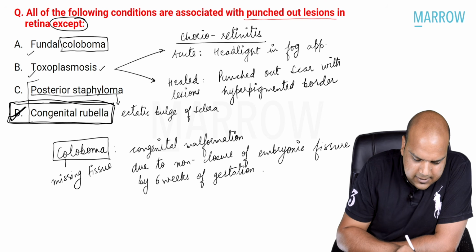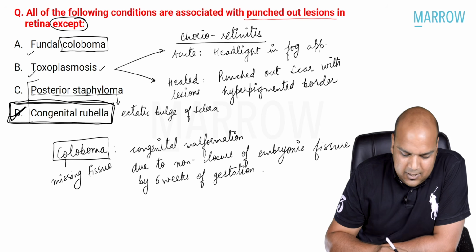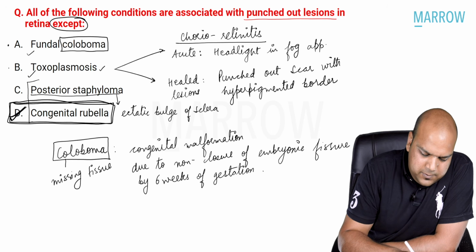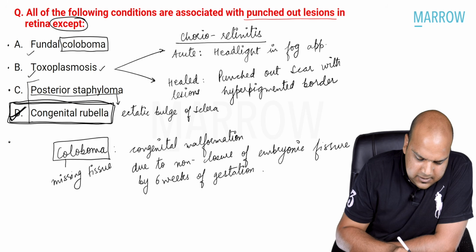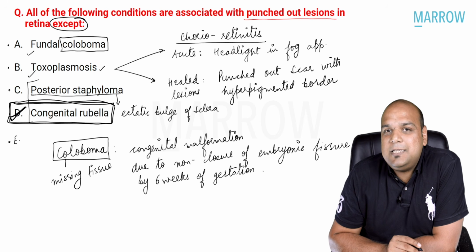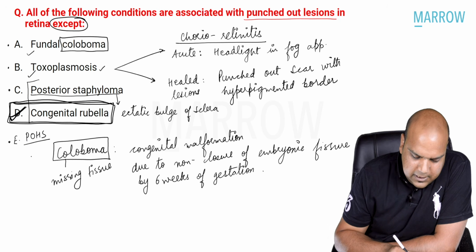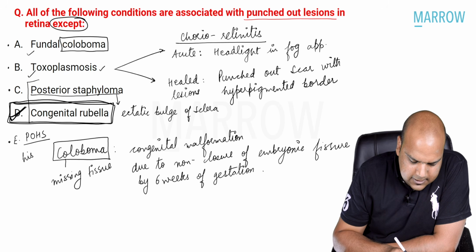All of the following conditions are associated with punched out lesions in the retina except. So we know option A, option B, option C, but which other option, everybody, is usually a cause of punched out lesion in the retina? If you want to read, it is POHS, that is presumed ocular histoplasmosis syndrome.